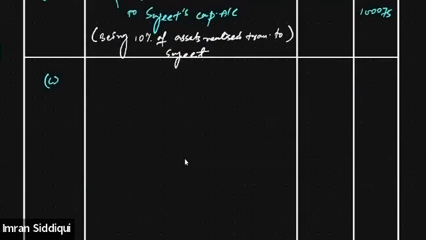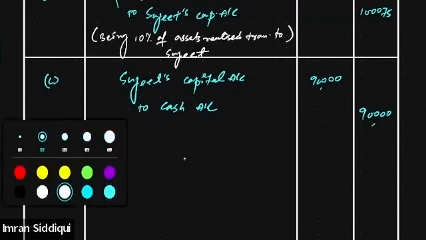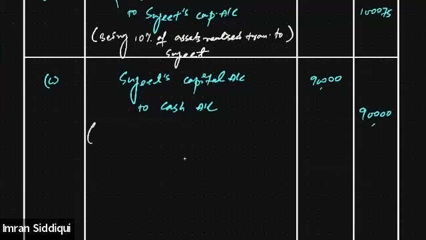That means his personal account will be debited. Sujit's capital account will be debited by 90,000 to cash account. Right, everybody? This is the journal entry for the realization expenses being paid by Sujit.